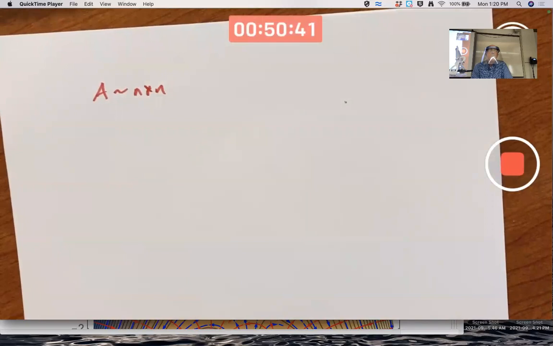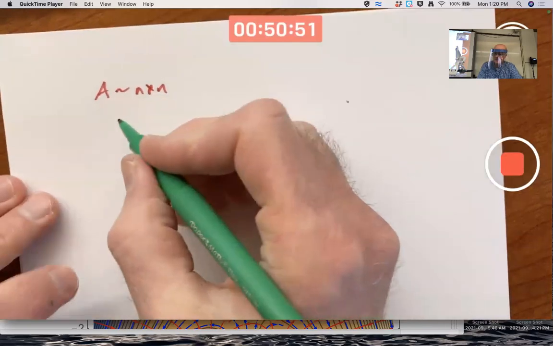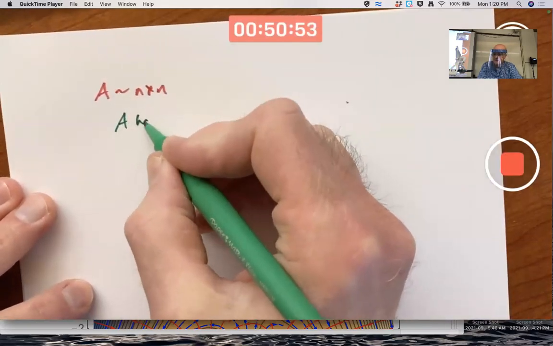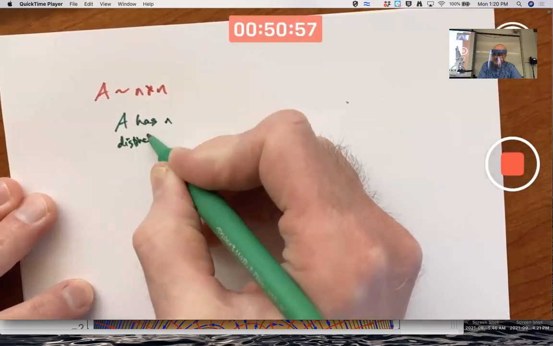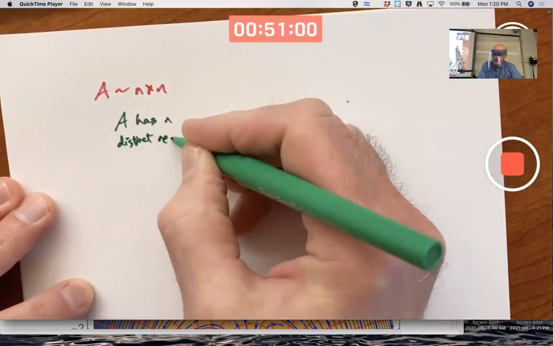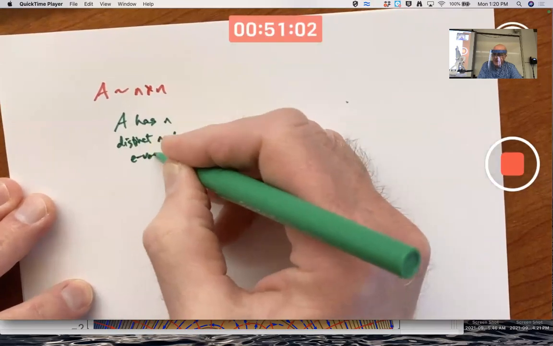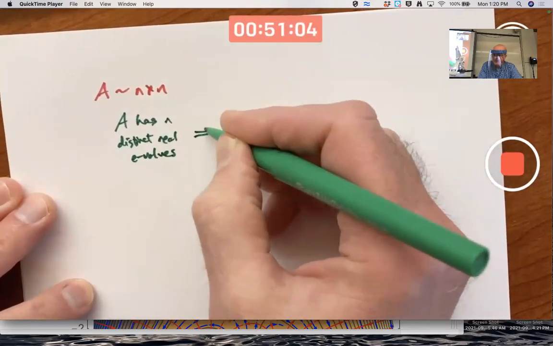You should know, for example, that if A happens to have n distinct real eigenvalues, it will be diagonalizable. That's one fact. A has n distinct, meaning different, real eigenvalues. That's enough to say A is diagonalizable.